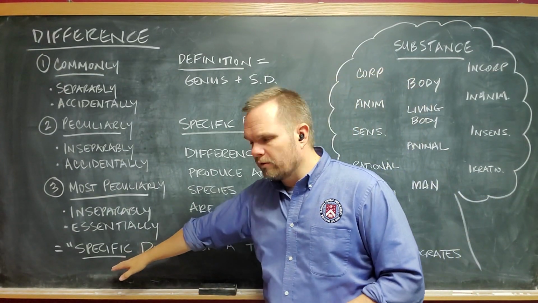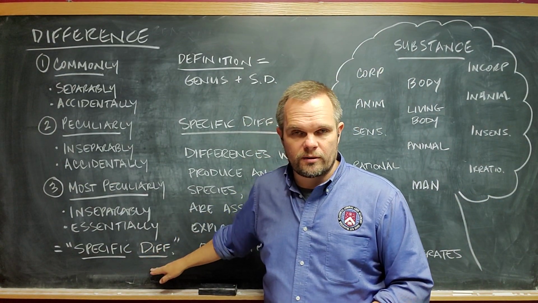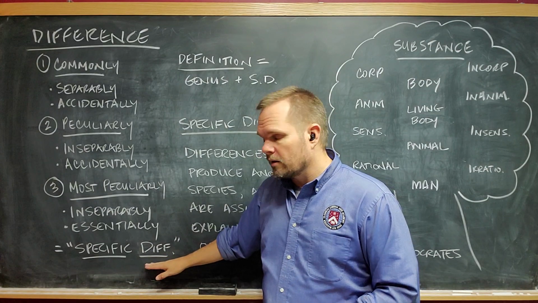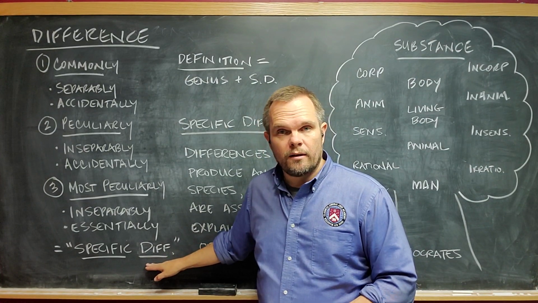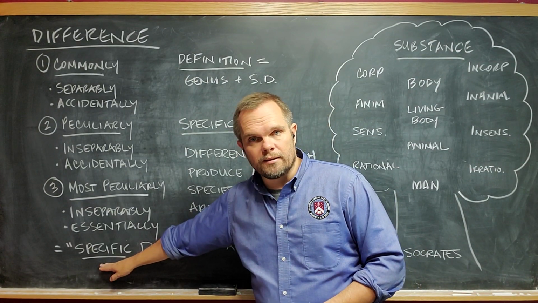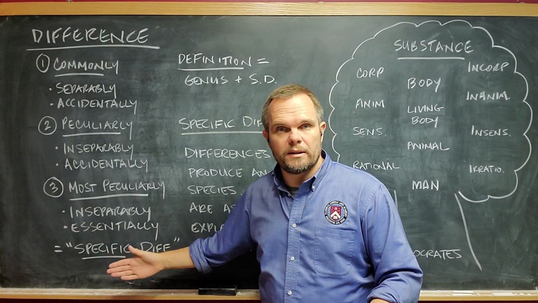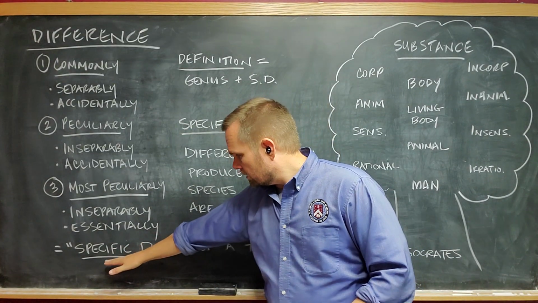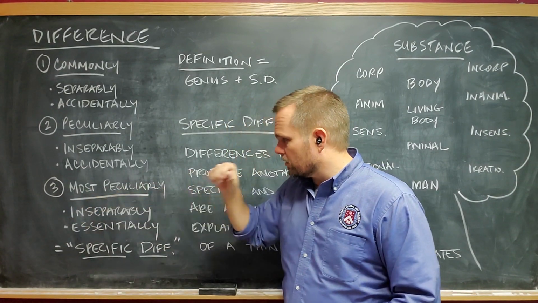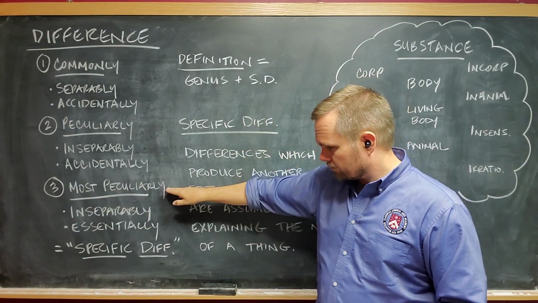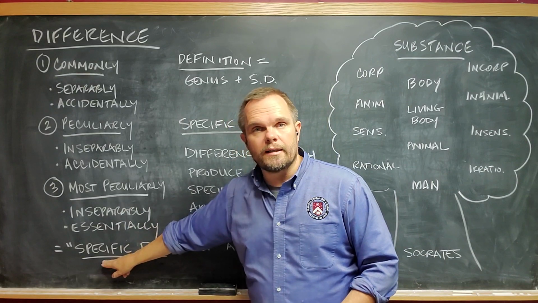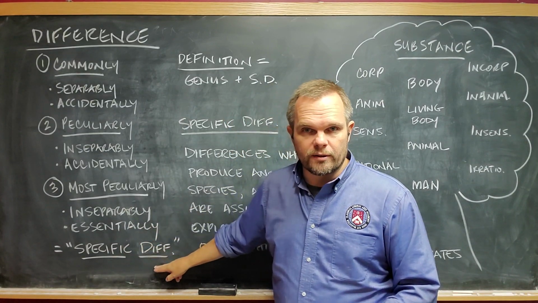So a specific difference is a difference that causes a thing to belong to a species. A specific difference creates a species. All right? So most peculiar difference is called a specific difference.